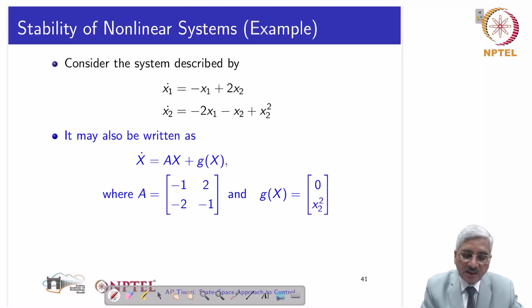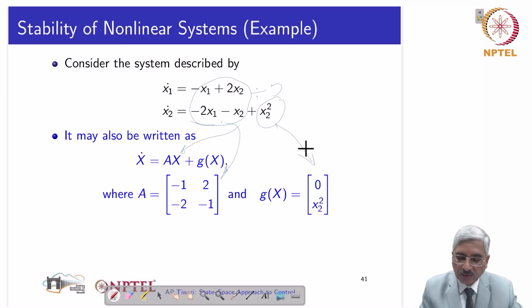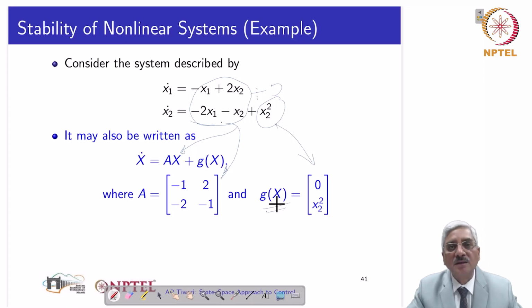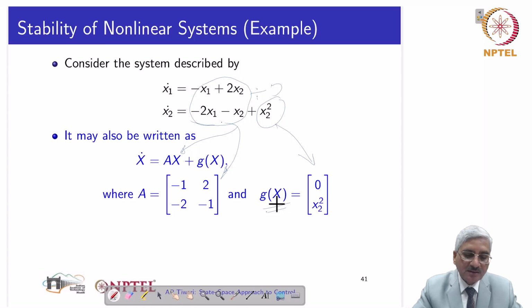Now obviously, as I said, this is the linear dynamics which gives this A matrix, and this is the nonlinear dynamics, 0 here. So this 0, x2 square gives the nonlinear part Gx. So we express this nonlinear system as Ax plus Gx, in which A is this and Gx is this.